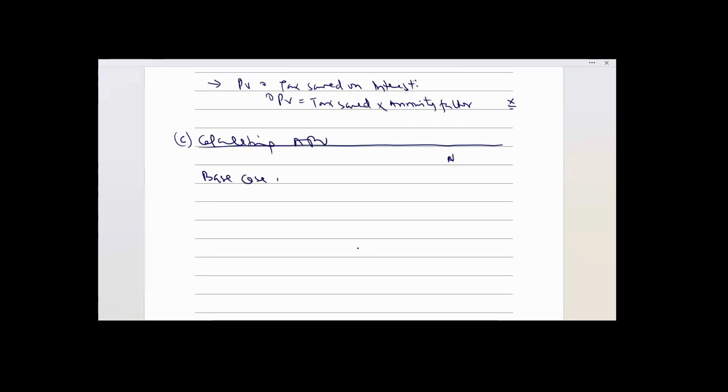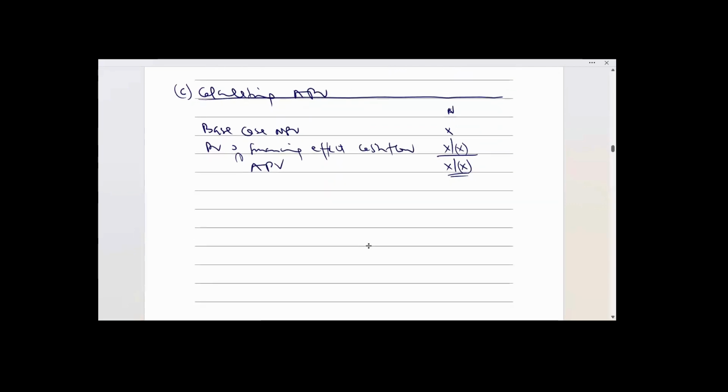Base case NPV, whatever I've calculated, positive or negative, then I will add or minus PV of financing effects, cash flow, positive or negative. At the end of the day, my APV could be positive or negative. So this is how to calculate adjusted present value.